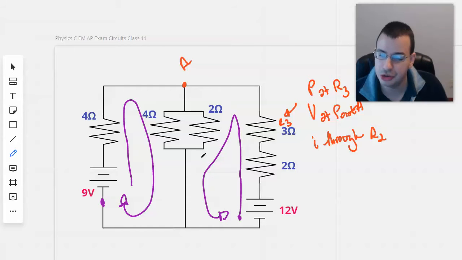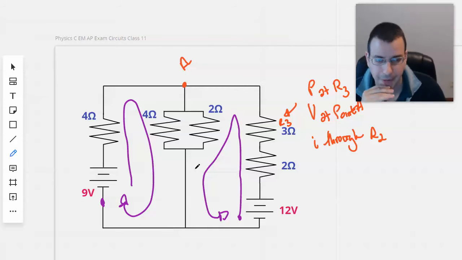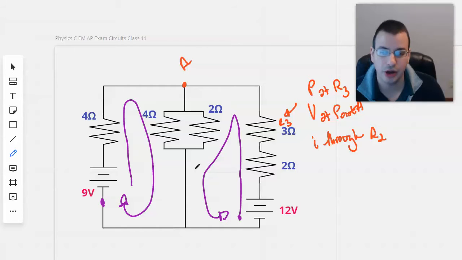So if we choose loops like this, then that's probably actually the direction of the current. One thing that might happen is you choose incorrectly, which is fine, and then you get a negative value for one of the currents. That just means that the arbitrary arrow you drew for the loop was in the wrong direction, and you just reverse it.